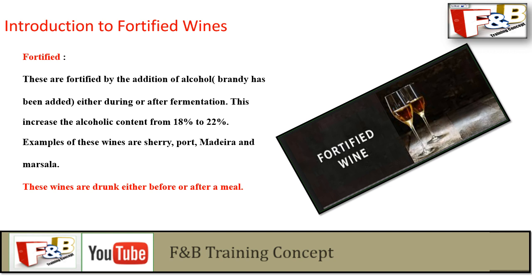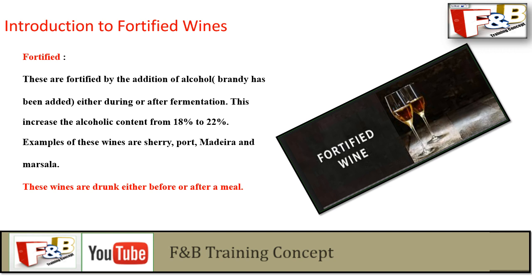Okay, the next classification we're looking at is fortified wines. This again we'll say are table wines that have had grape spirit added to increase the alcoholic content. We've said table wines have an alcoholic percent of about 10, 11 to 12.